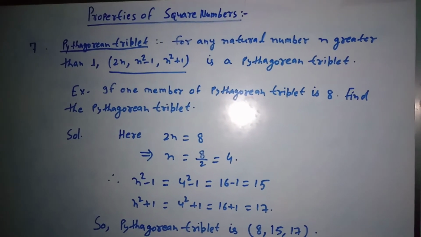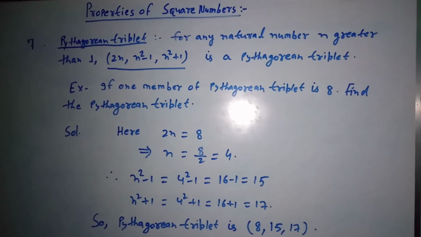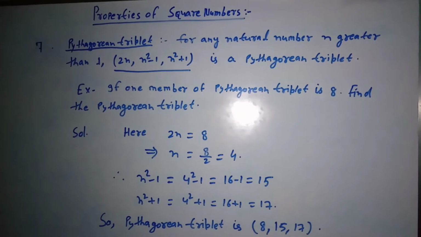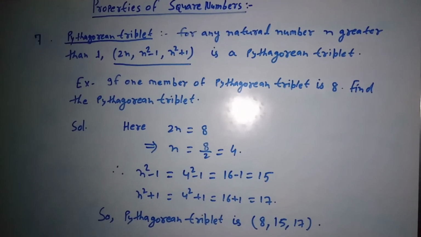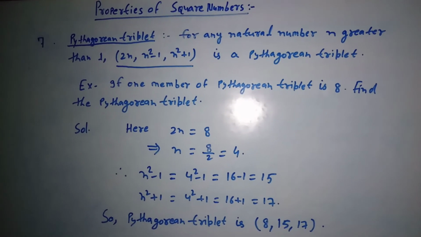For any natural number n greater than 1, 2n, n square minus 1, n square plus 1 is a Pythagorean triplet. Let us see from the example.